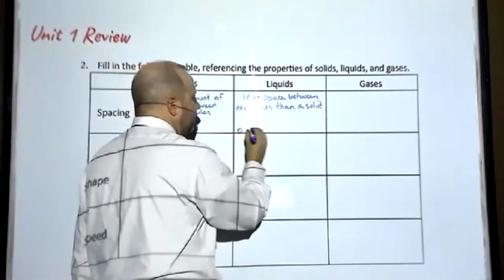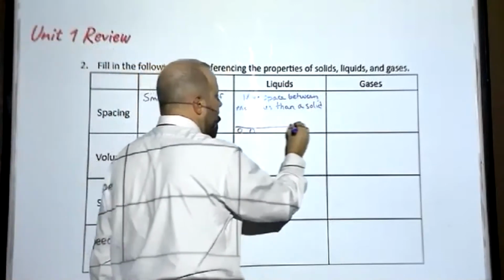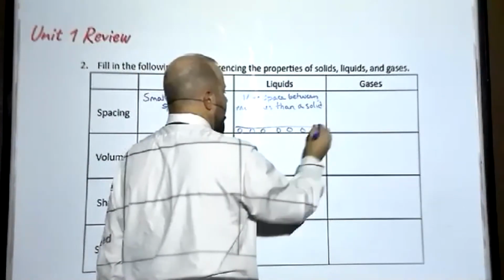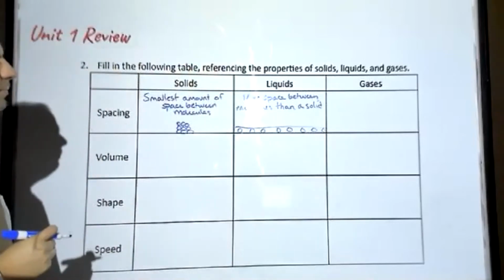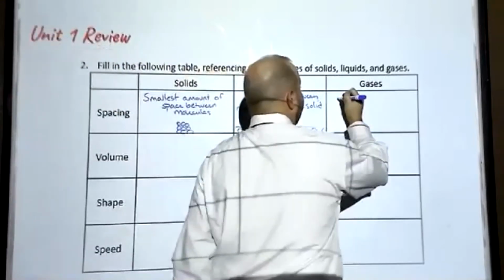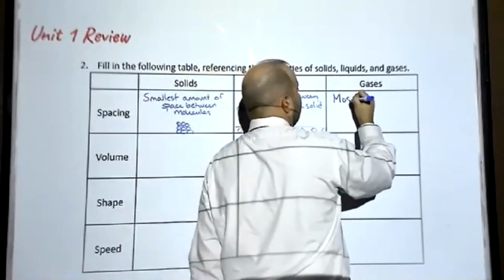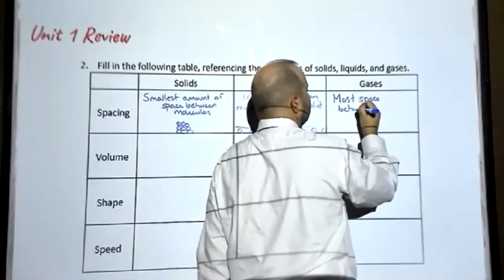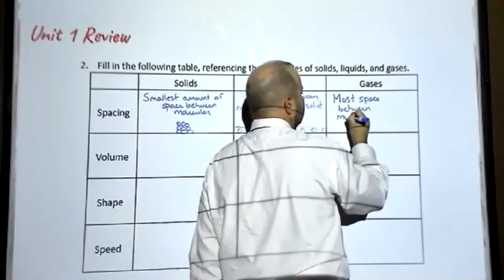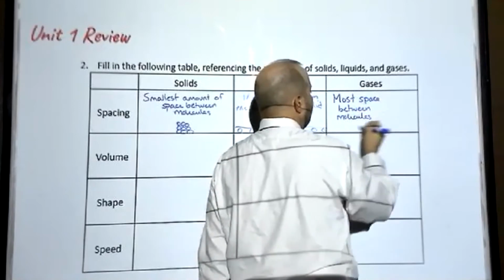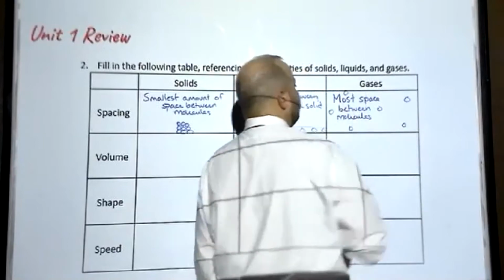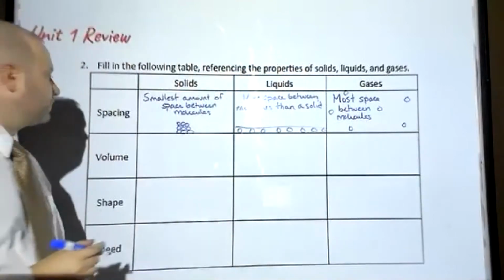And this might look something like this. And then for a gas, we have the most space between molecules. They are really far apart from each other. They're spaced out all over the place.